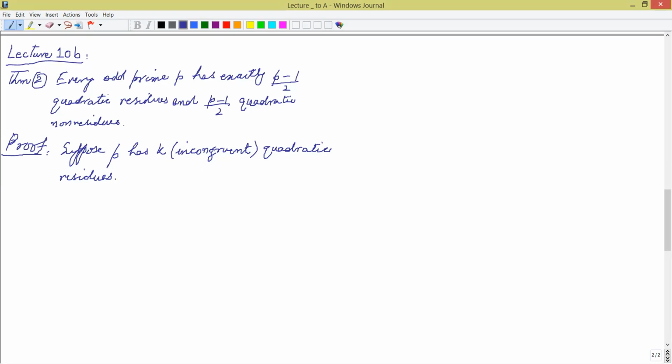And we have to show that k is equal to (p minus 1) by 2.